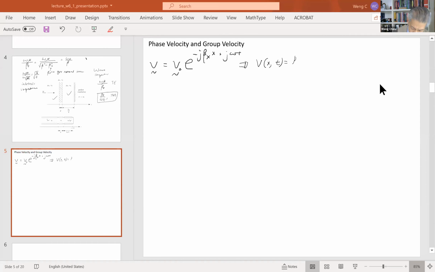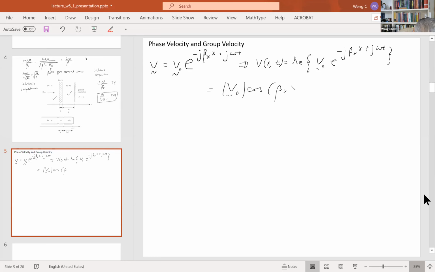So you can actually obtain a time domain version of this phasor signal quite easily by taking the real part of the above. And that will give you something like V naught magnitude cosine of beta x minus omega t plus a phase, okay, because this is a phasor, so it has a phase.